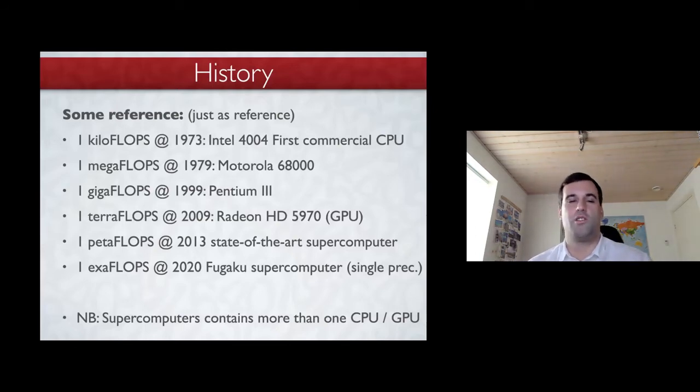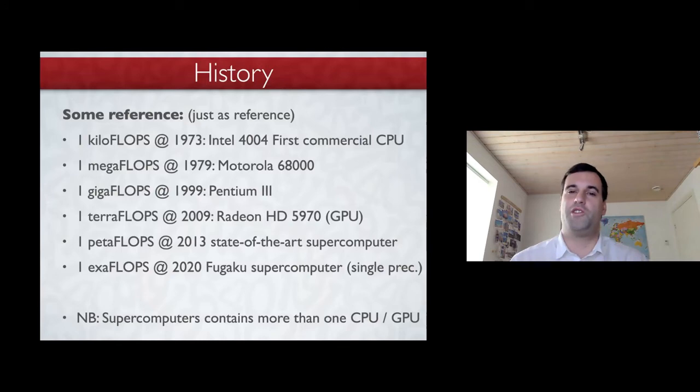Right now, we're going into the era of exascale computing. That means we have the first, or very soon will have the first machine that can actually compute 10 to the 18, which is 1 million times 1 million times 1 million operations. This was first achieved in single precision by a Japanese supercomputer, made available in 2020.